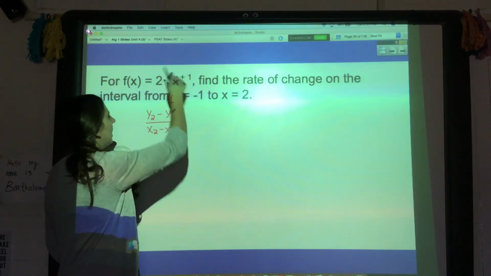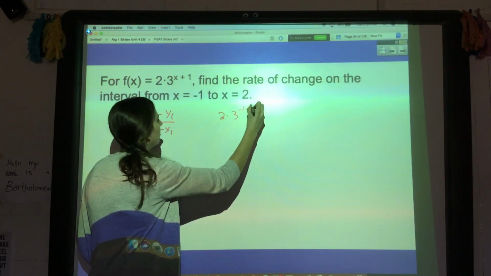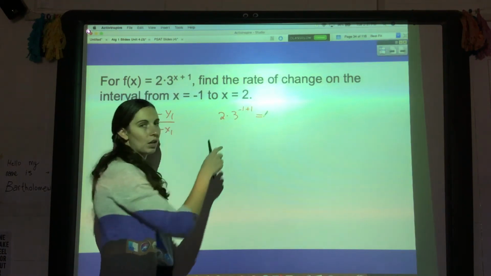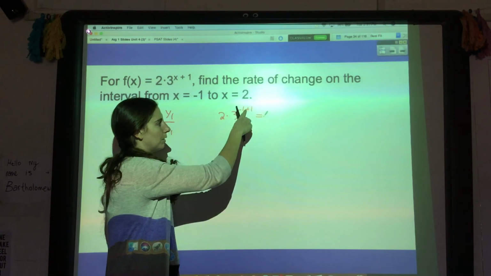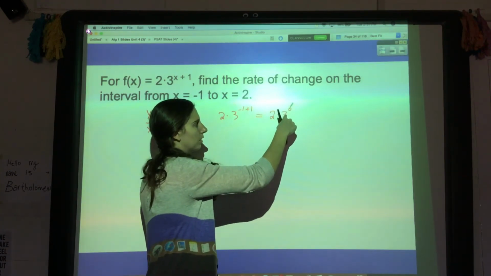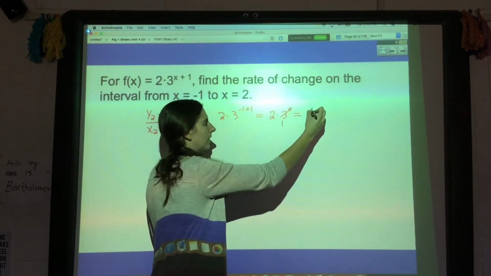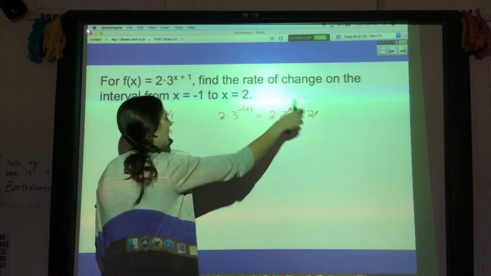So if I put in -1, 2 times 3 to the -1 plus 1 is, follow order of operations. So do -1 plus 1 first, which is 0. And then do exponents. 3 to the 0 is 1. And then 2 times 1 is 2. So when I put in -1, I got out 2.